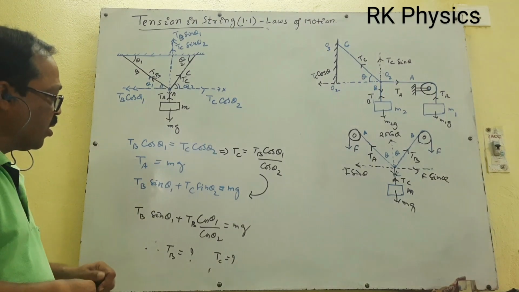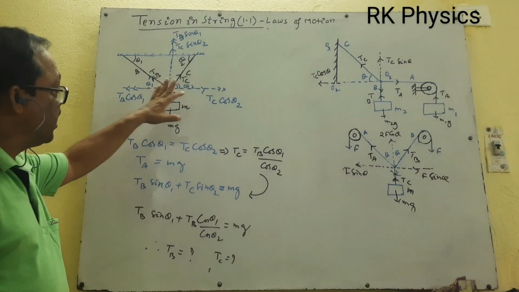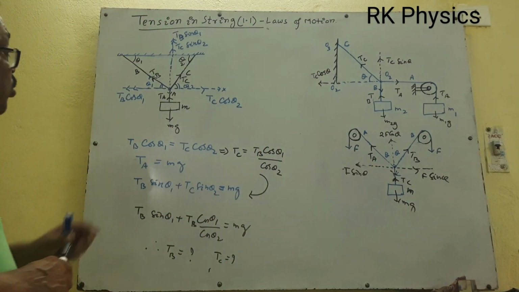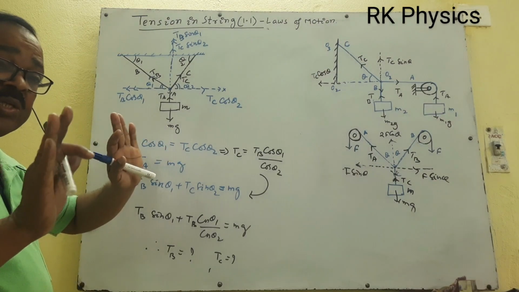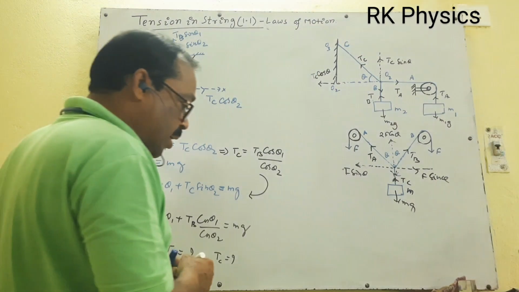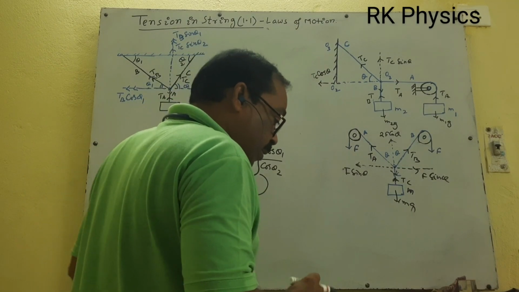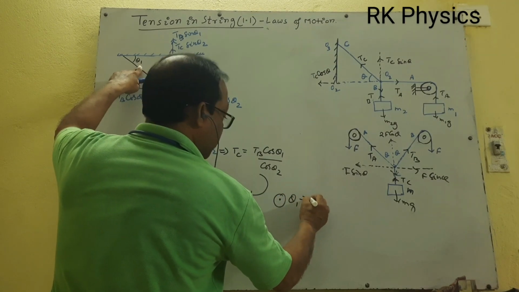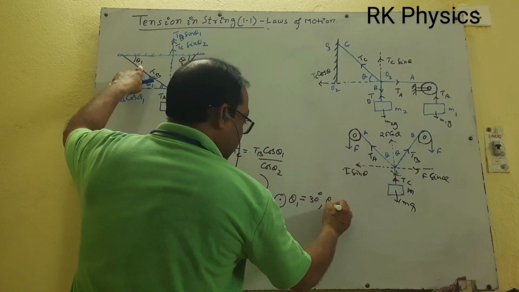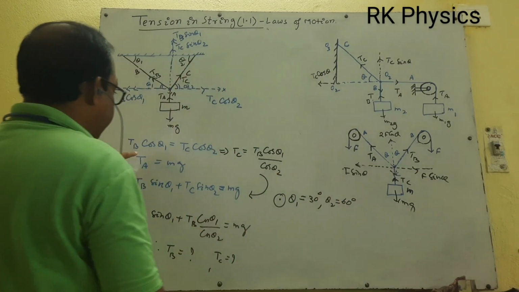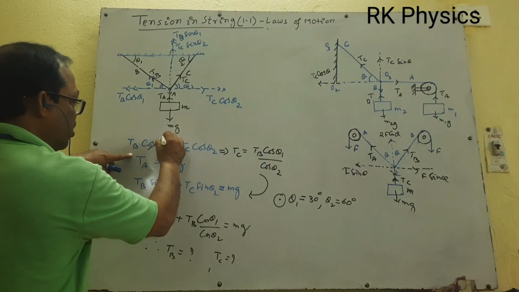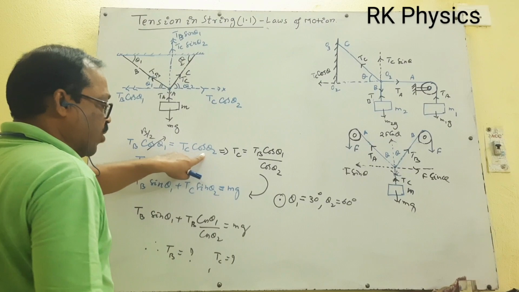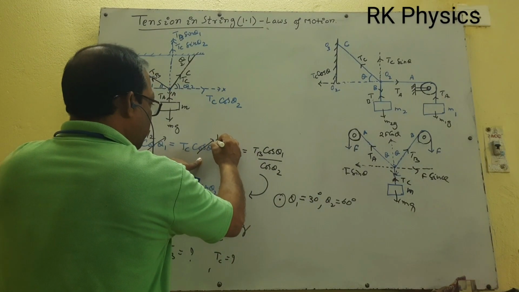Now, instead of calculating symbolically, in this type of problem, particularly with strings, you use direct equations. It is better. For example, if theta 1 is given as 30 degrees and theta 2 as 60 degrees, then TB cos 30, that is root 3 by 2, and TC cos 60, that is half.